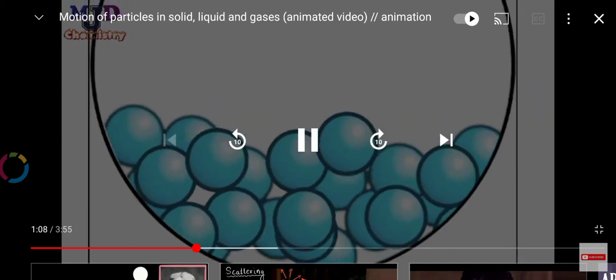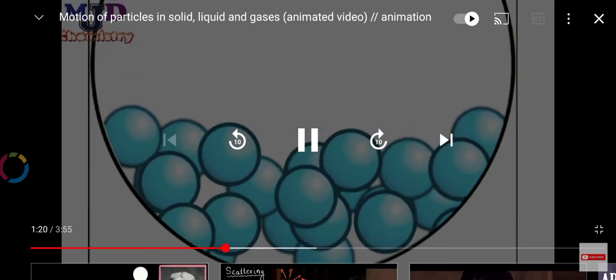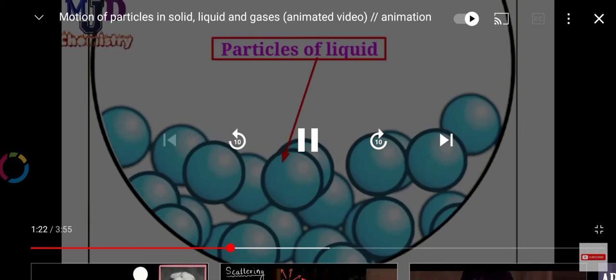Motion of particles in liquid. We know that intermolecular forces in liquid are intermediate as compared to solid and gases. Intermolecular forces in liquid are stronger as compared to gases but weaker as compared to solid. The molecules of liquid move randomly.